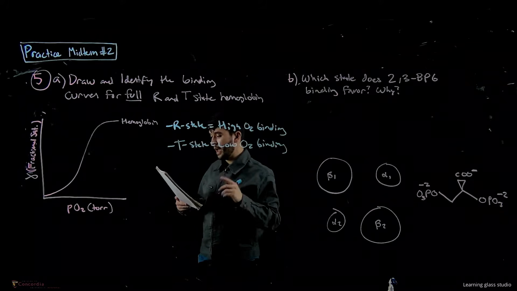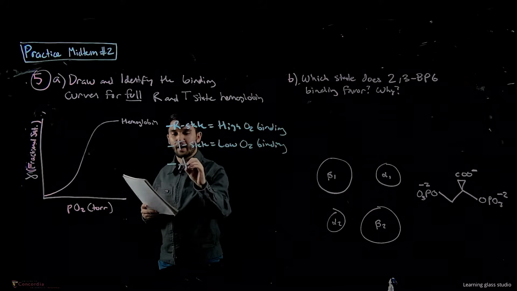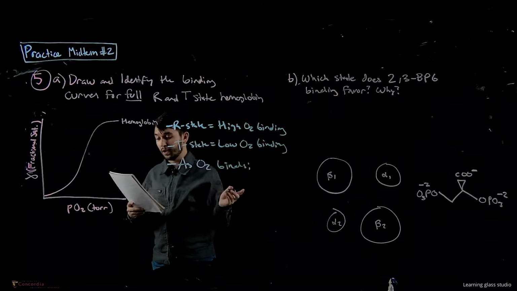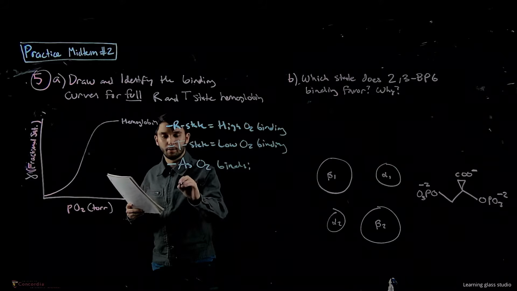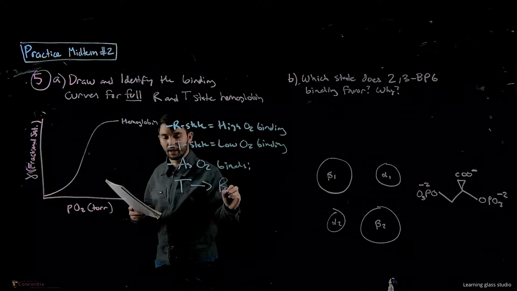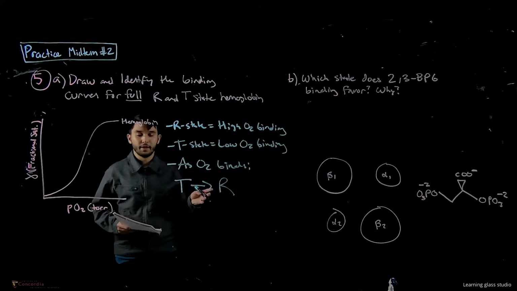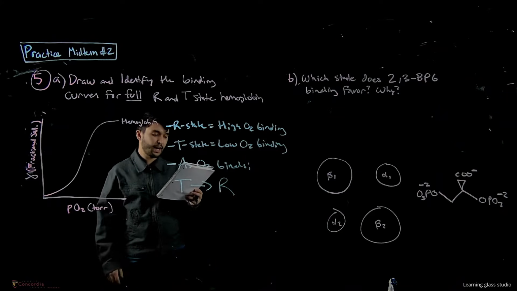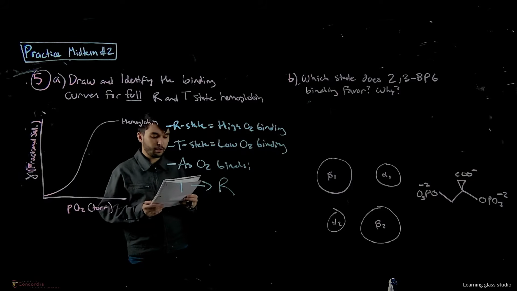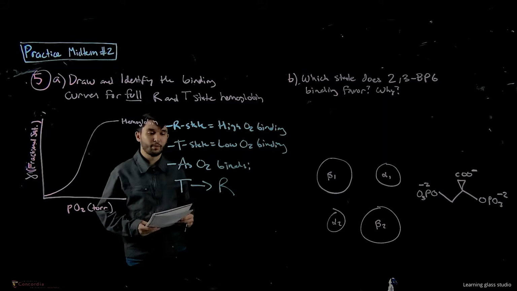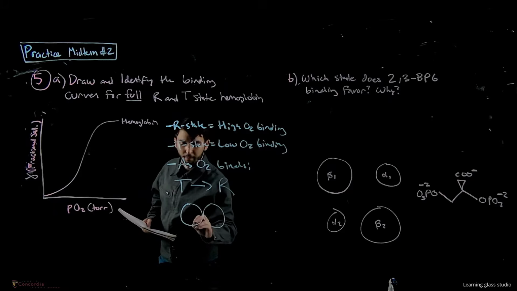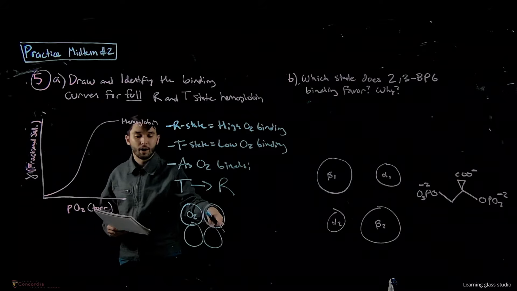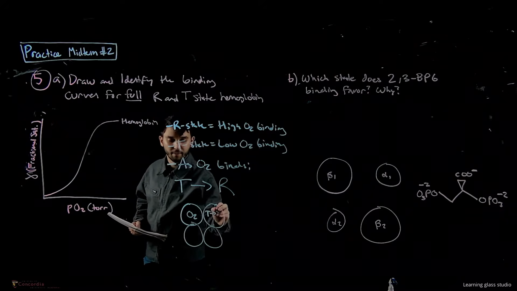As oxygen binds, the R state becomes favored, so T state shifts to R state. Slowly the T states will start to shift over to the R state, more so as more oxygen binds to hemoglobin. Hemoglobin has 4 sites, so binding O2 at one site favors the other sites going from T state to R state.